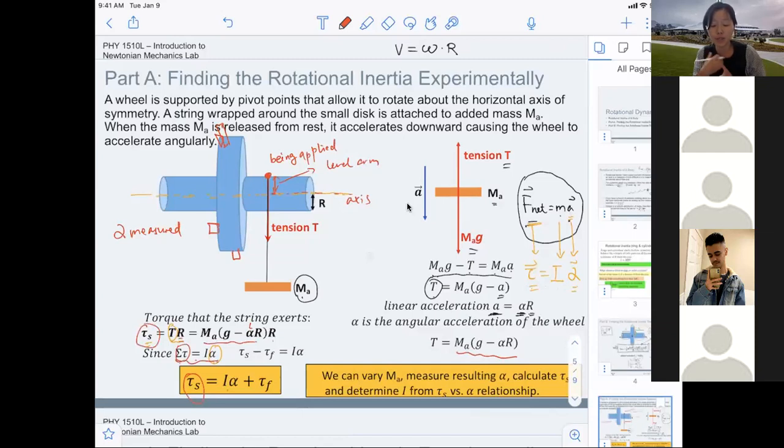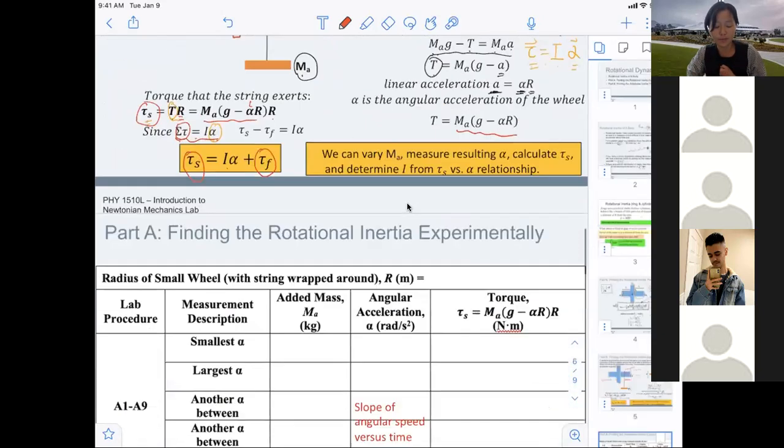You can compare that with what we just got theoretically. There is a little bit of friction in the system, of course, so you will have a y-intercept that tells you how much torque is generated due to friction.